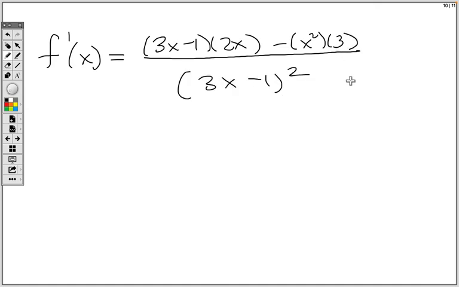Now this is where you can get a little cancel crazy. You might think, well, can I cancel these quantities? I got a 3x minus 1 and a 3x minus 1 here. Can I cancel them? Well, no, because you don't have this 3x minus 1 as a factor on both terms.